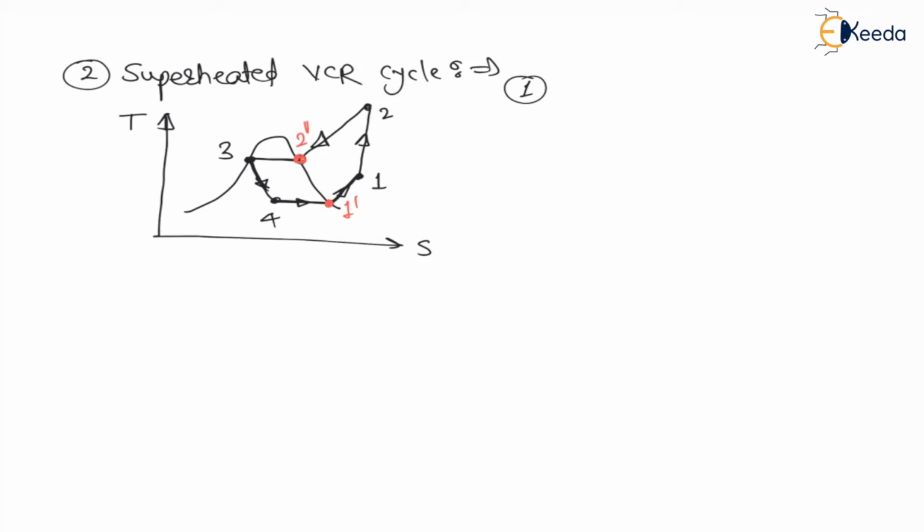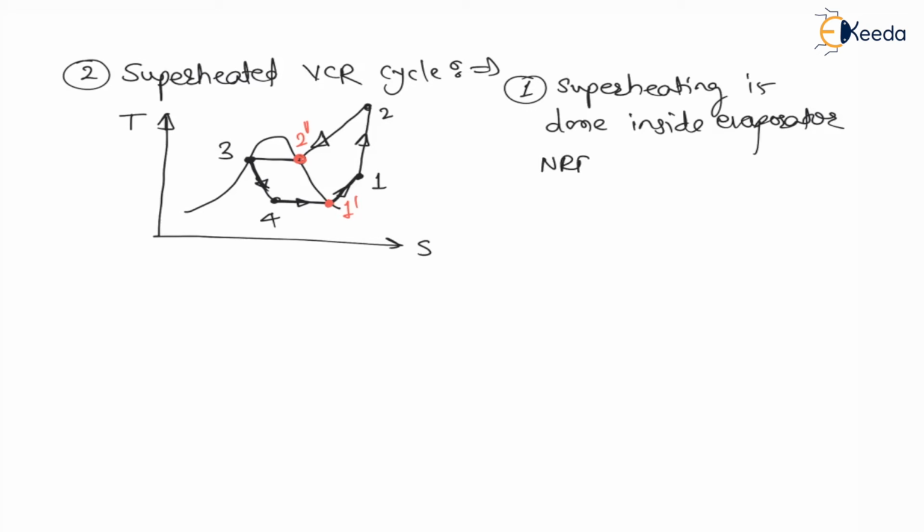Number 1, if superheating is done inside evaporator, means here 1 dash to 1 is superheating, then that means this 4 to 1 is evaporator. Therefore net refrigerating effect, which is nothing but heat of evaporator, is nothing but H1 minus H4, right?